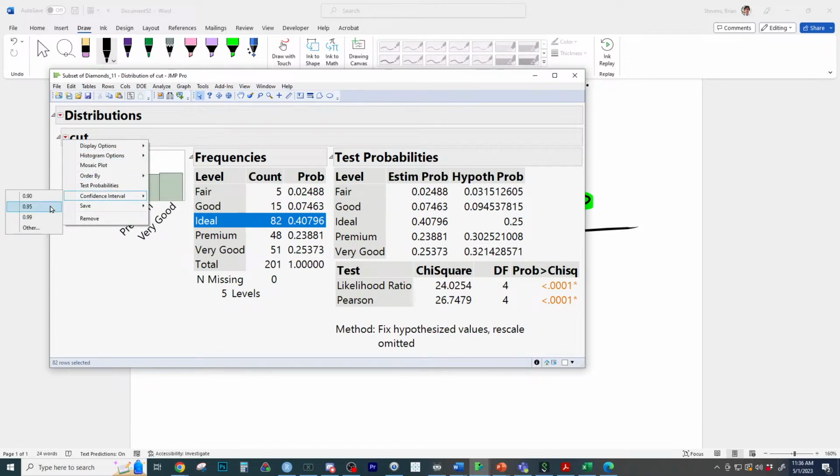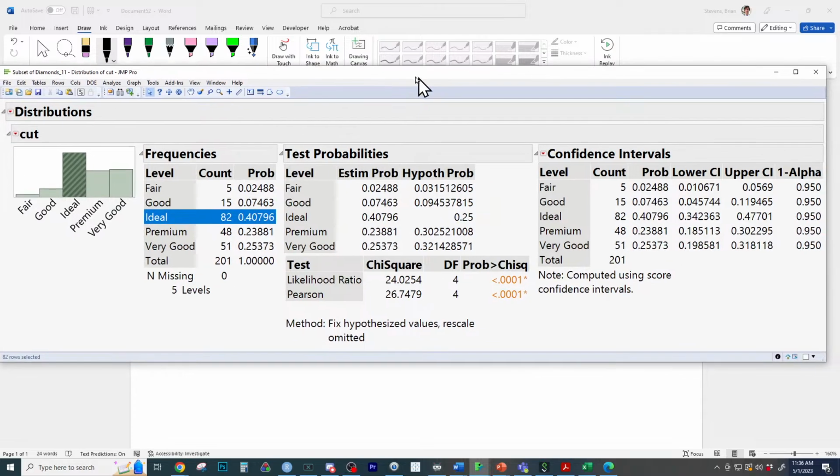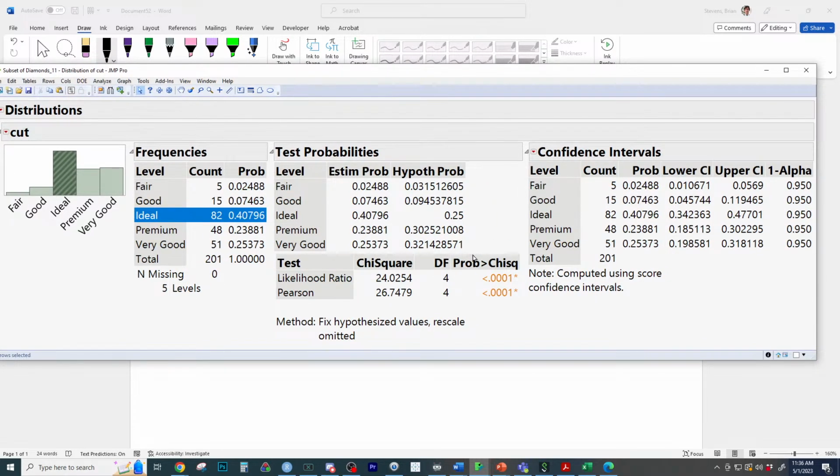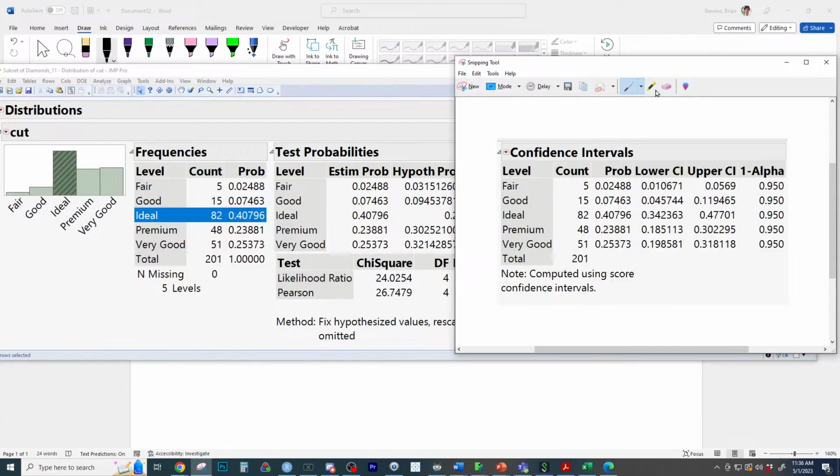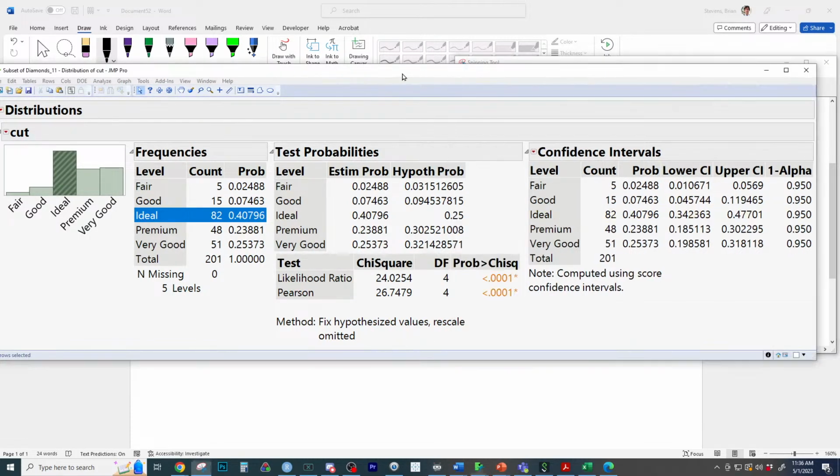It says don't do that for the project. When you make a 95% confidence interval, what do you notice about the interval for ideal? Do you see 25%? And what about 25% is interesting here?